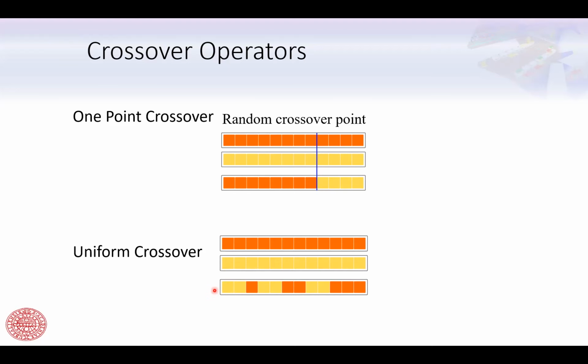In integer optimization, we find that uniform crossover is usually useful because it introduces more diversity, especially in the case of multi-objective problems.